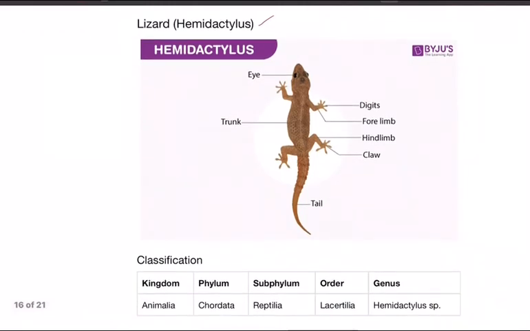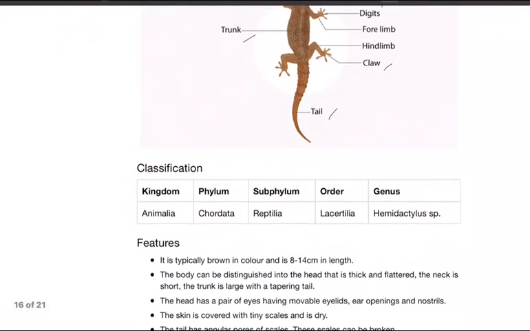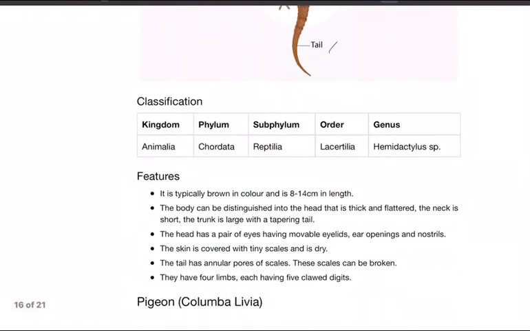And the next animal that we watch out for is the wall lizard, Hemidactylus. Draw the diagram: eye, mouth, digits, forelimb, hind limb, claw, tail, and of course the main body, trunk. Classification: kingdom Animalia, phylum Chordata, class Reptilia, order Lacertilia, genus Hemidactylus. It is typically brown in color and 8 to 14 centimeters in length.